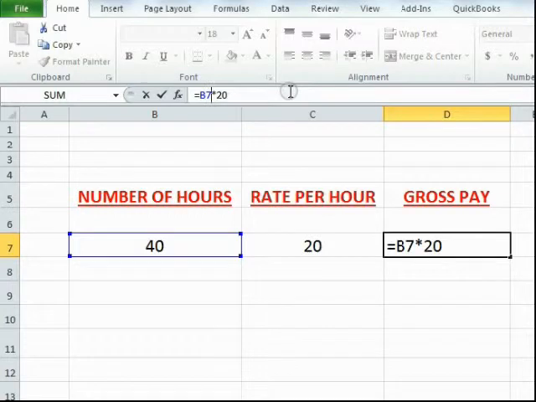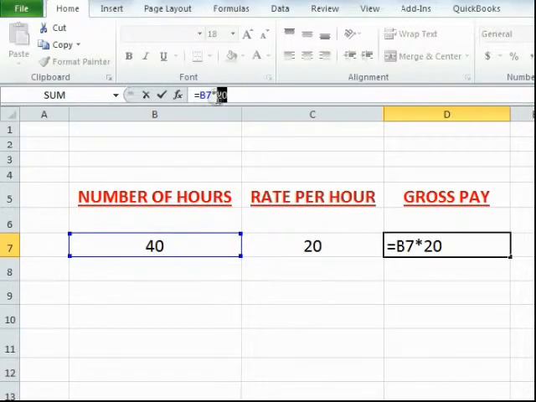Now notice what happens when I type in the cell B7 instead of the number 50. Cell B7 is highlighted in blue, and B7, the actual characters that I typed in, are also highlighted in blue. This helps your eyes detect the corresponding cell physically on the sheet to the number that you typed in.